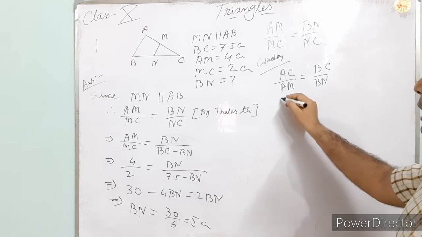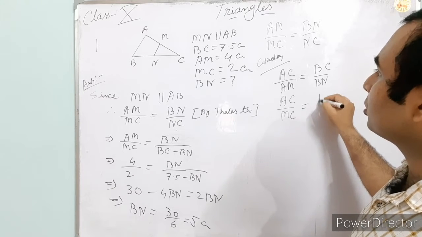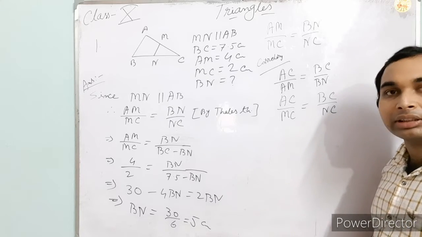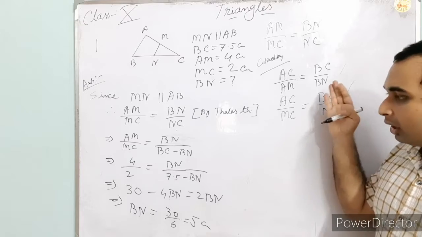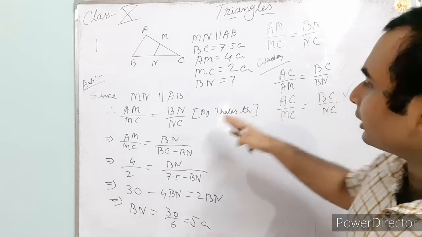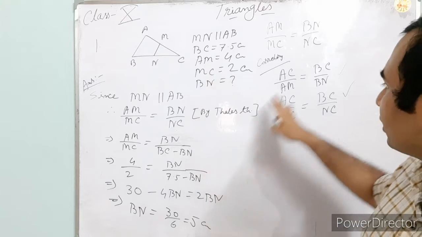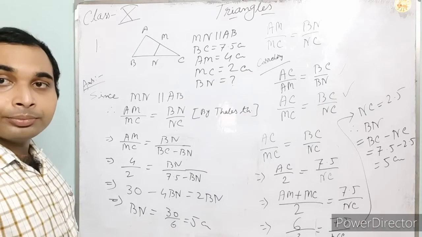Another thing we can say, AC by MC is equal to BC by NC. These are the corollaries. Actually, I want to say that we can find this result with the help of this corollary also. Let's come to the next example.